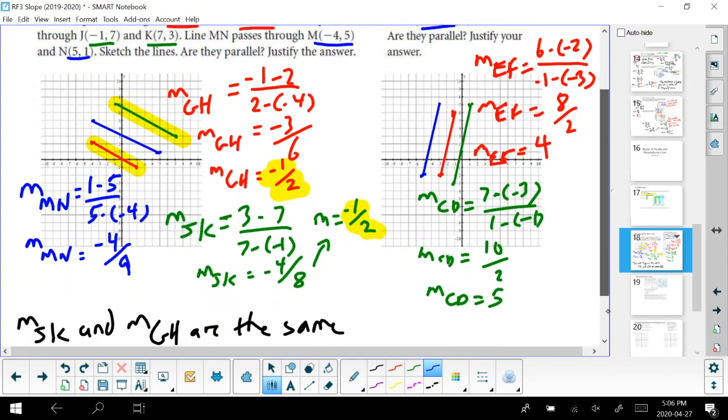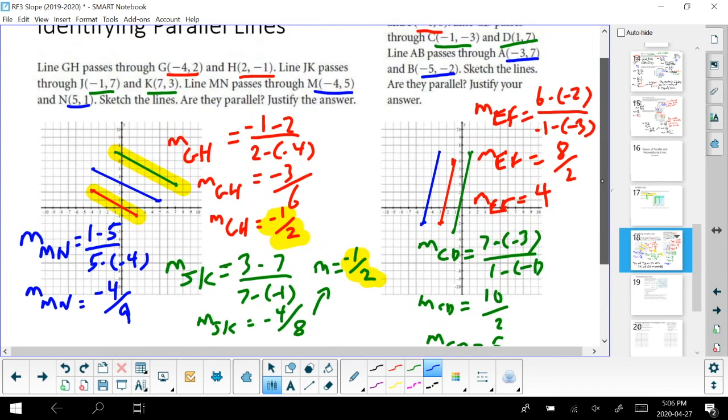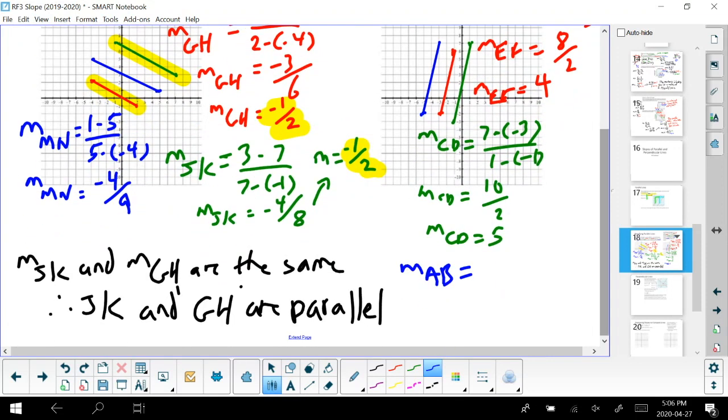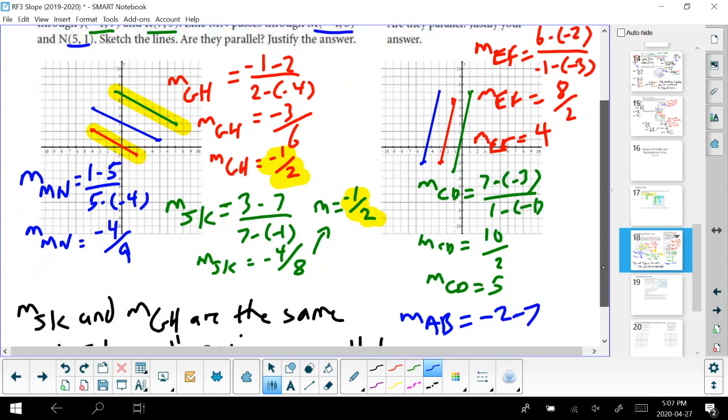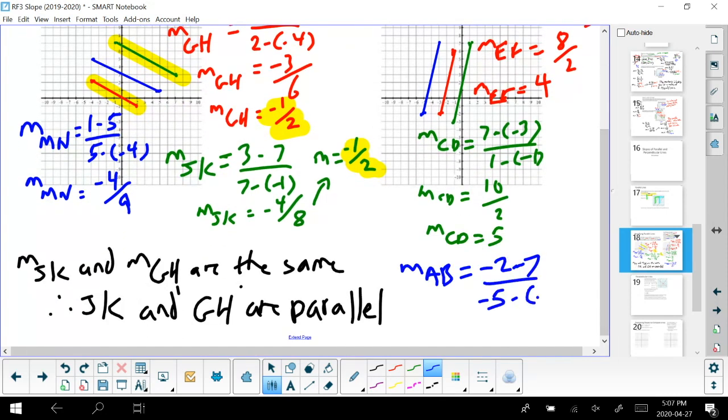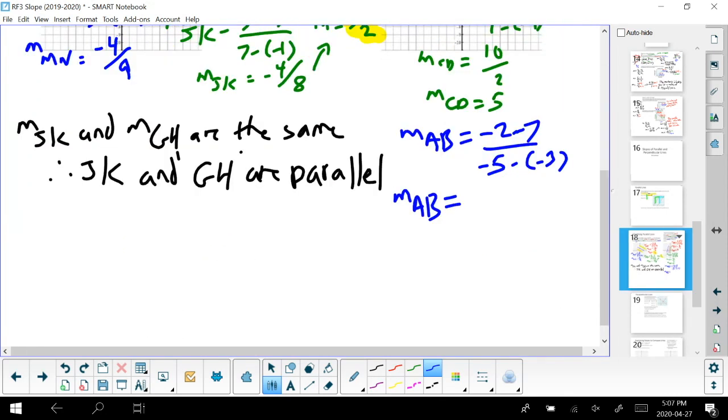Lastly, we've got the slope of A to B. And this is given by negative 2 minus 7 over negative 5 minus a negative 3. The slope of AB can then be represented as negative 9 over negative 5 plus 3. That's negative 2. So I get the slope of A to B is equal to a positive 9 over 2.